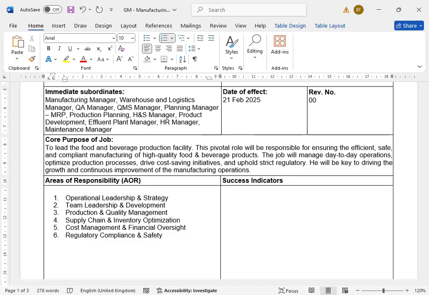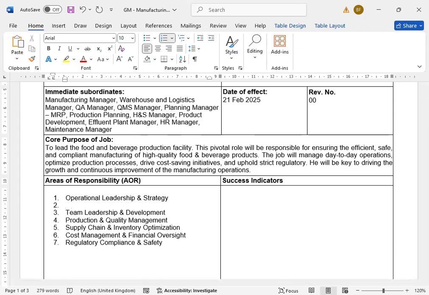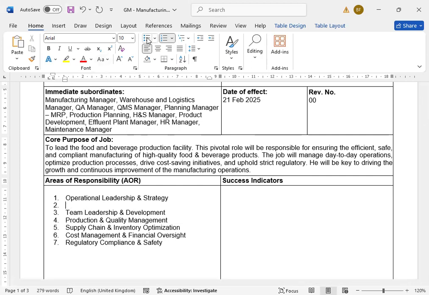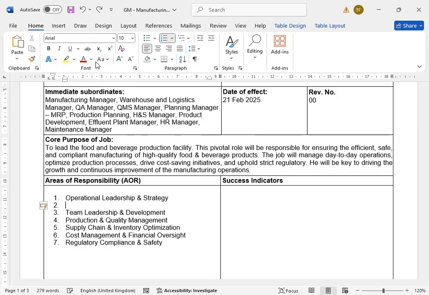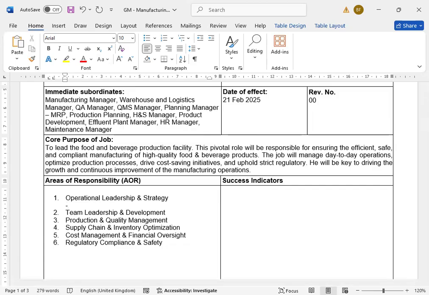Okay. Now I'm gonna write a little bit of details for this. What I'm gonna do is put a bullet point for this. It's not tab. I don't know how to use Word.